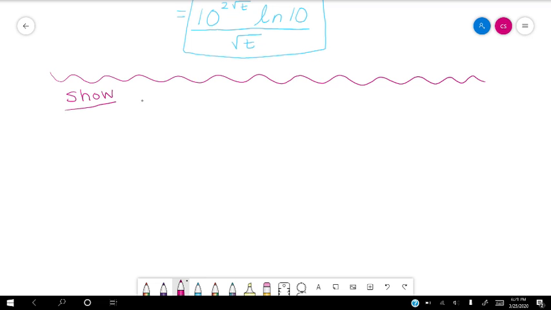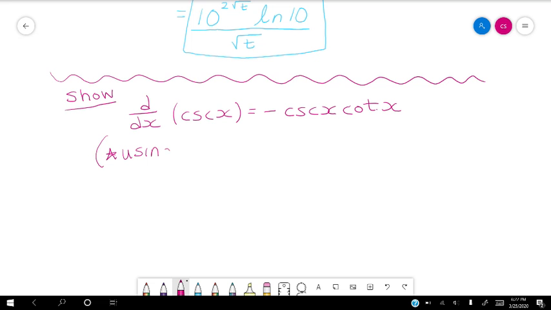So let's say we wanted to show that the derivative of the cosecant is equal to what? Have you guys memorized it yet? Negative cosecant cotangent. Okay, so we're going to do this using the chain rule. We've already done it using the quotient. Let's see another way of looking at the same thing.